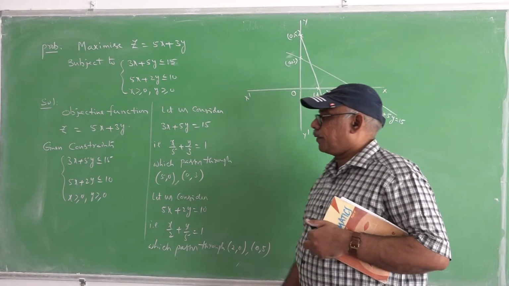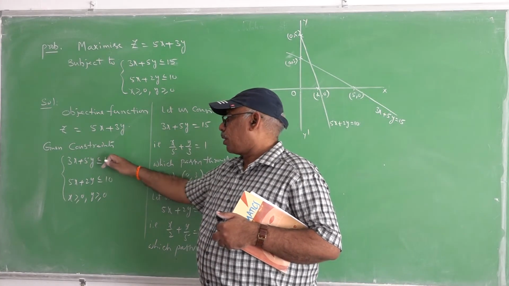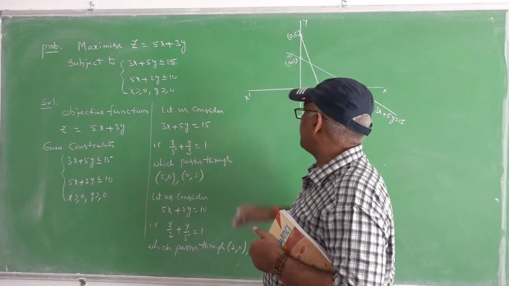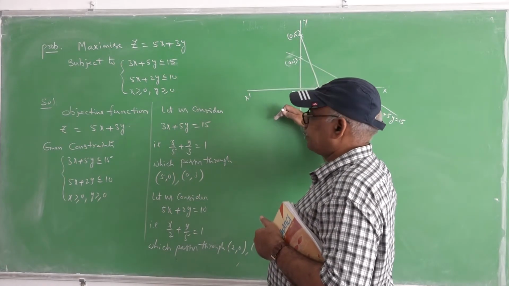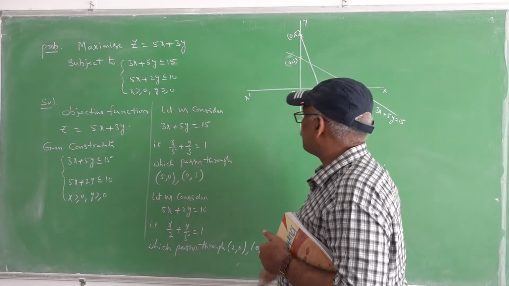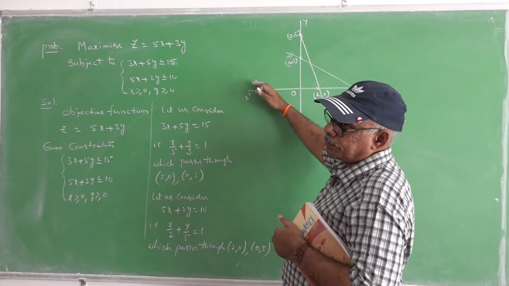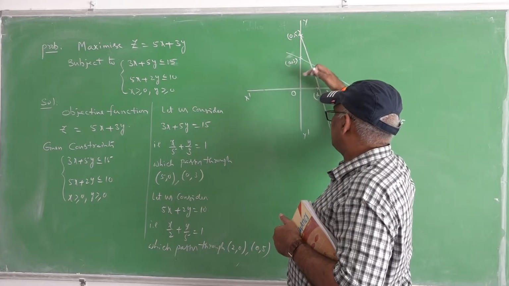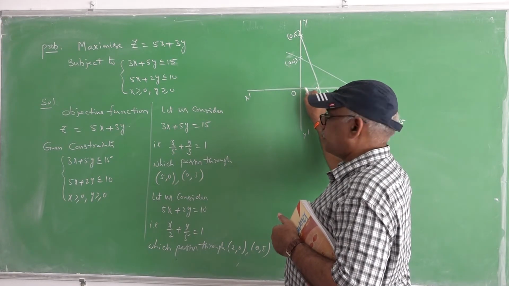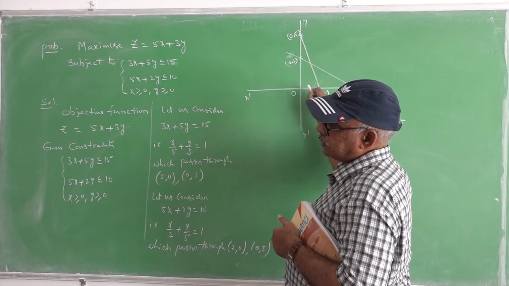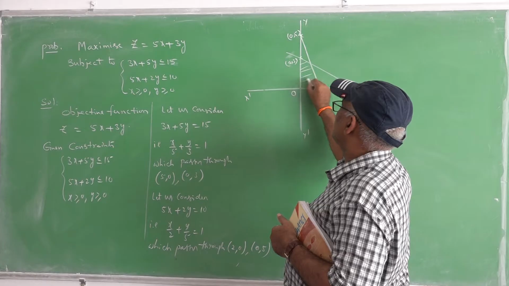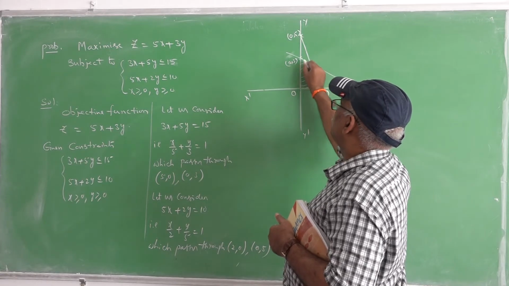Now, by observing the constraints, 3x plus 5y less than or equal to 15 means below line 1, and 5x plus 2y less than or equal to 10 means below this line. Both regions are below this line and this line, and moreover the feasible region is in the first quadrant only. Hence, the required region is this polygon.